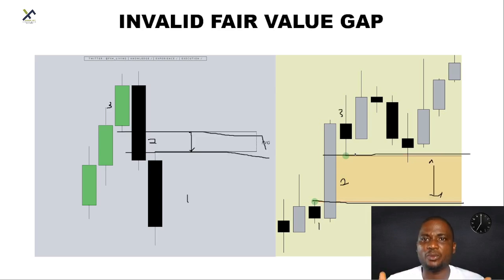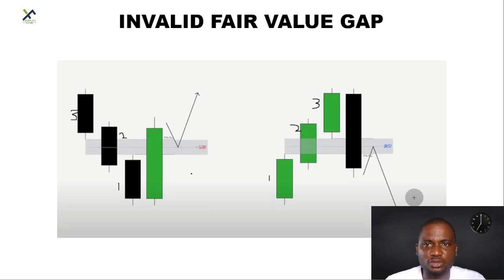Let's look at another way a fair value gap occurs, and how valid and invalid it could appear. If you look at these three candles, you will discover that they are the same color. Criterion number 1 was met.